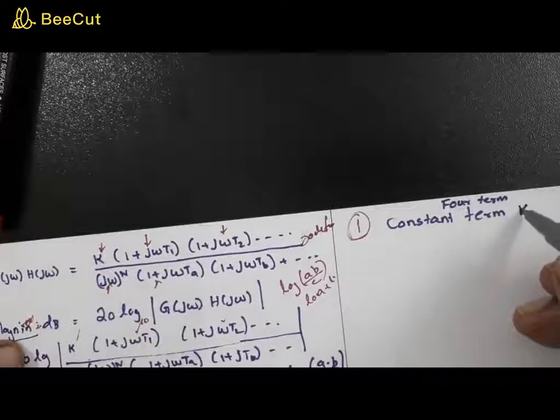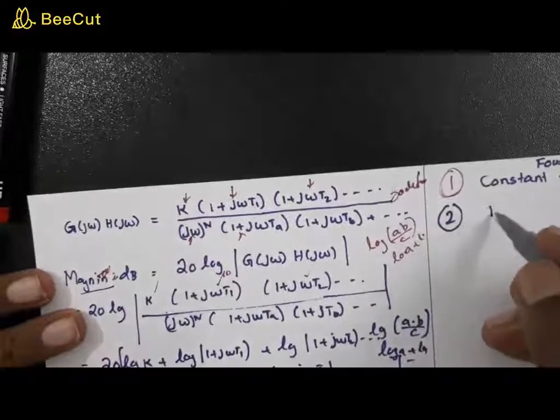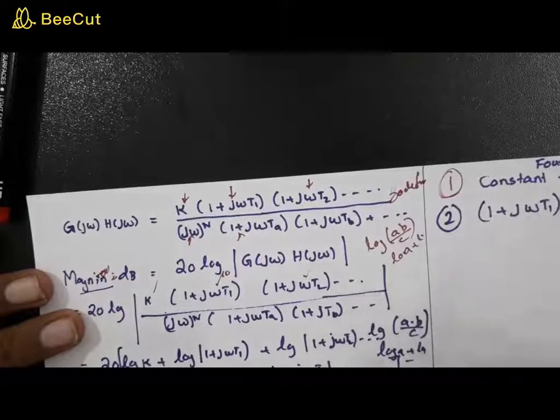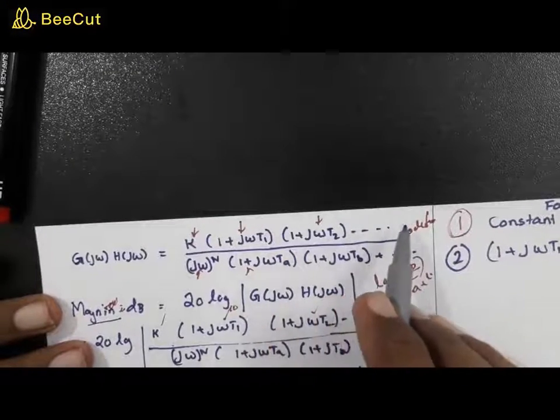One is a constant term K. Another term is 1 plus jωT1, and similarly 1 plus jωT2, 1 plus jωT3, and so on.